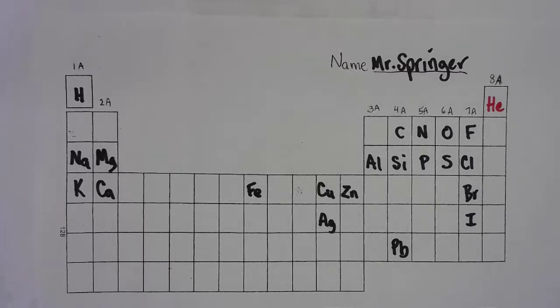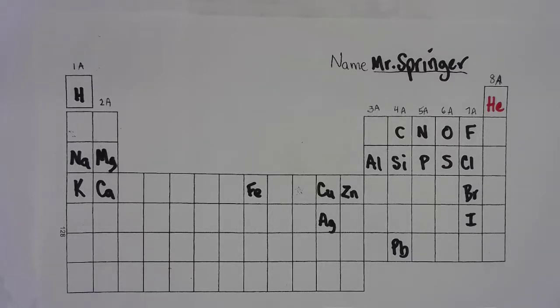Valence electrons, you may or may not know, are the electrons involved in chemical bonding. And so atoms can either gain valence electrons or give away valence electrons or can share those valence electrons in order to make chemical bonds.